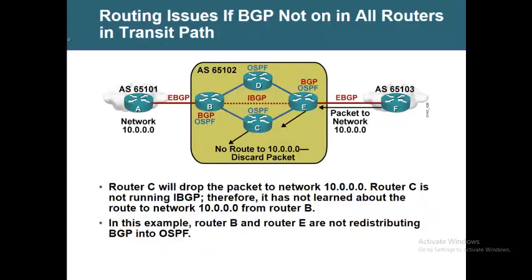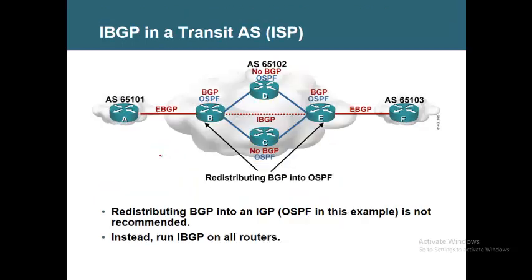Let's say A has got a network. And F wants to send a packet to a network which is there in A. So A has got a network connected, let's say, on F0/0.